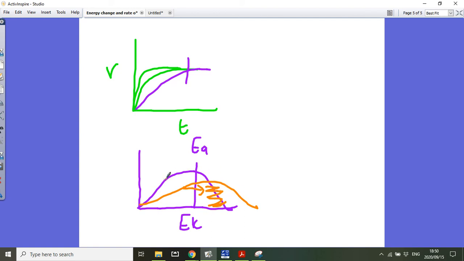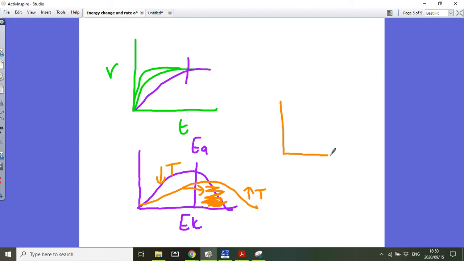So what you will see is that the total area under the graph must still be the same. So you will have a flatter bulge. Please don't think that a lower curve means lower energy. A lower curve with more particles after the activation energy will mean a higher rate. So this one will be the higher temperature and this one will be the lower temperature.